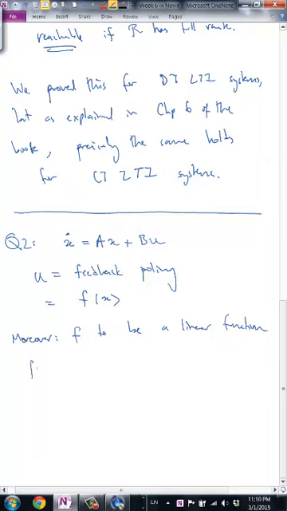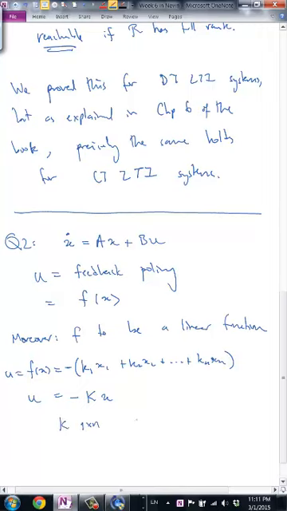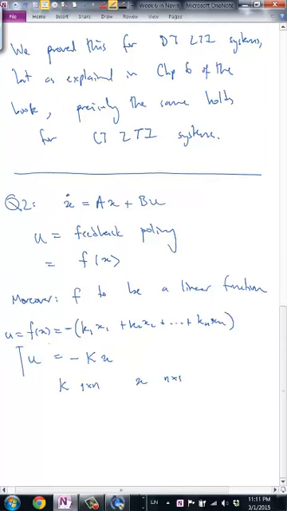Well, if f of x is a linear function, then it has to be something like k1 x1 plus k2 x2 plus kn xn. And for tradition's sake, this always appears with a minus sign there. And we can always write this, therefore, as u is equal to minus Kx, where K is a 1 by n vector, and x is, as usual, an n by 1 vector.